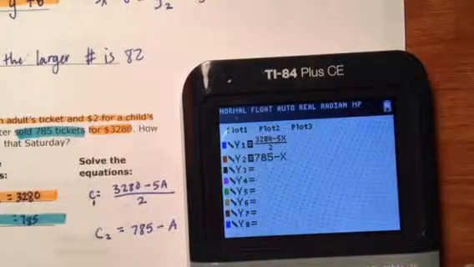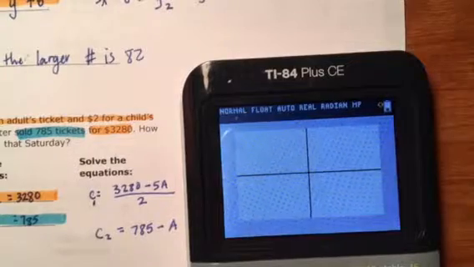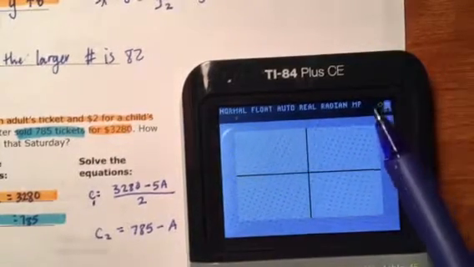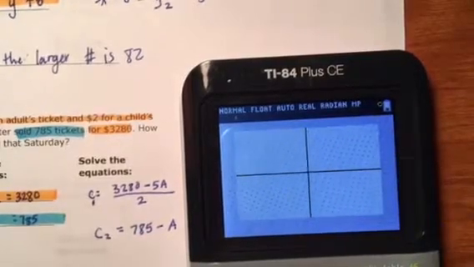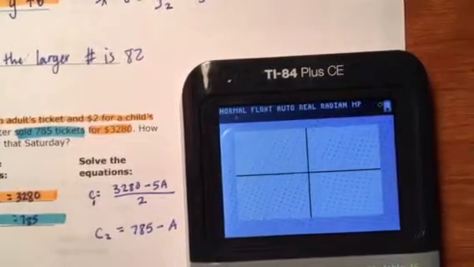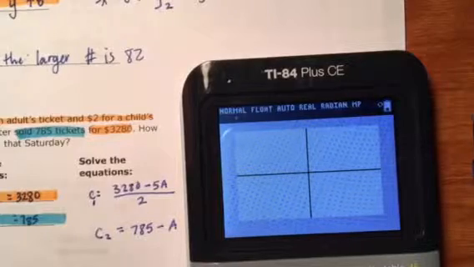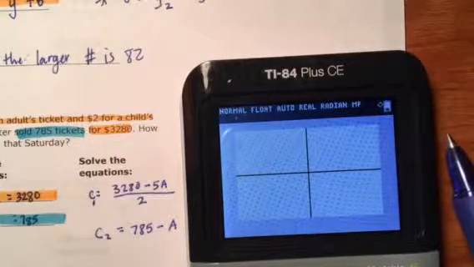Okay, now I'm going to press graph to make sure that I can see the two lines intersect. My circle is working. Don't press enter, because if you press enter, you're going to pause it. So let it graph.